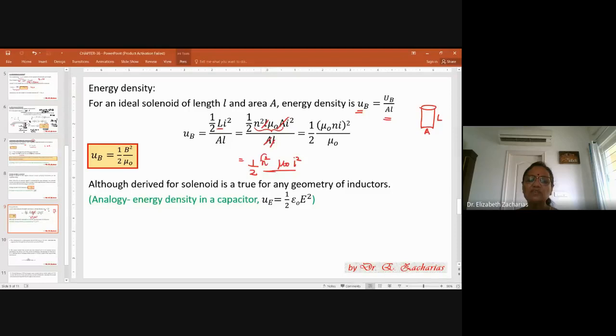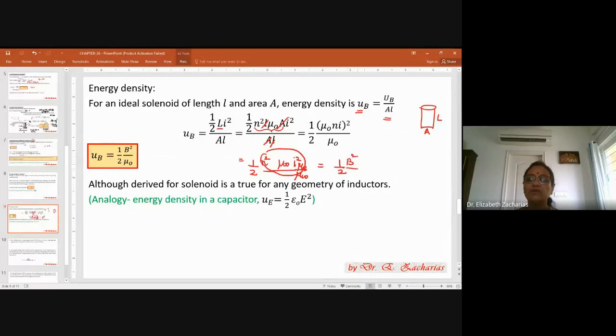And when you see this, you wish there was one more mu naught there, because you know that mu naught n i is magnetic field. So what we'll do is multiply and divide by mu naught. When you do that, what you're getting is half into mu naught n i whole square by mu naught. And you know mu naught n i is magnetic field.